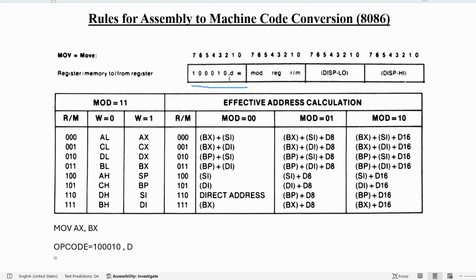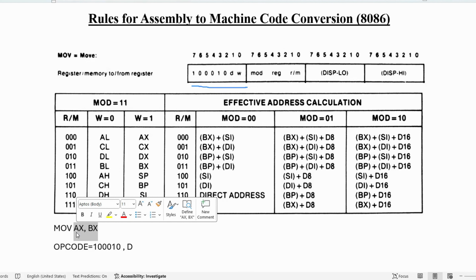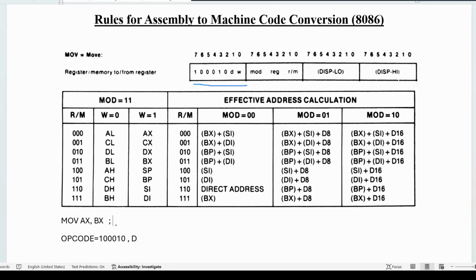Then we will decide the D bit, but before we decide it, we need to choose the register operand. If you look at the instruction, you have two operands, AX comma BX. AX is a register, and BX is also a register. When both operands are registers, you choose the destination register. Destination is AX, and source is BX.